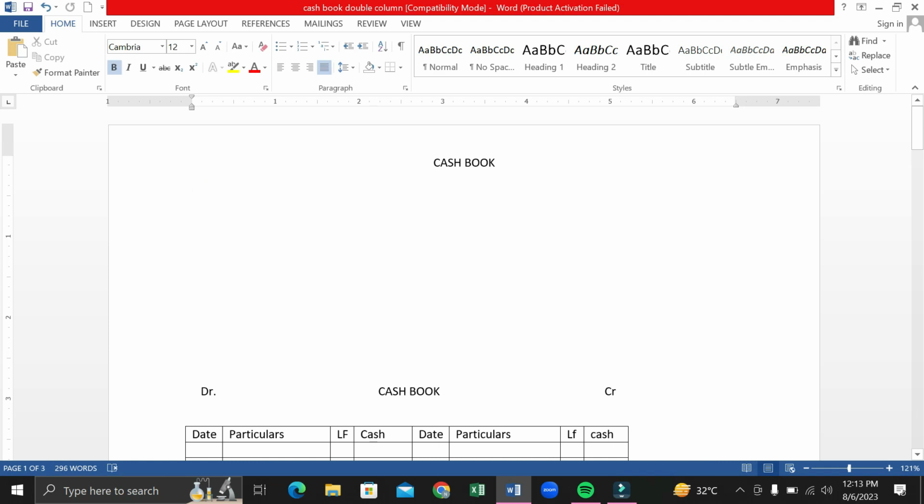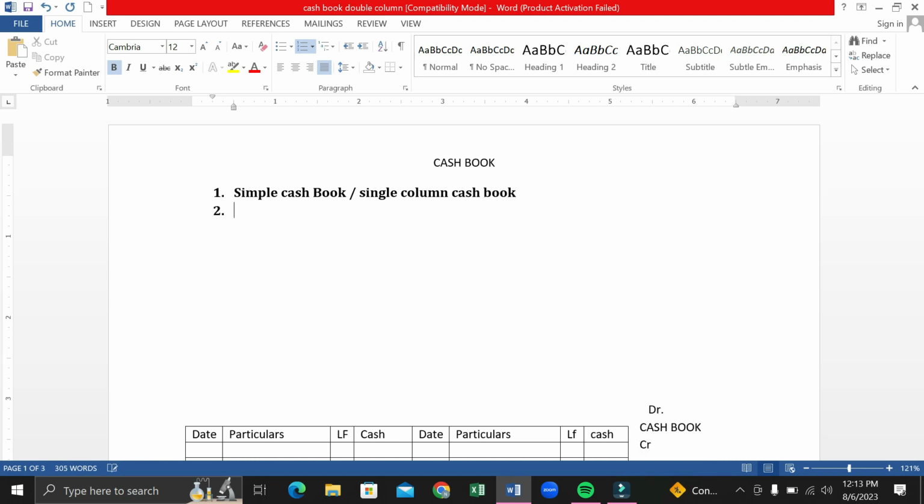The first one is simple cash book, or you could say single column cash book, and the second one is double column cash book, or you could say cash with bank column.